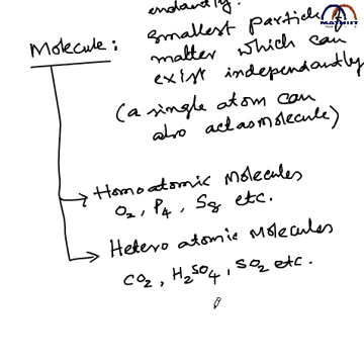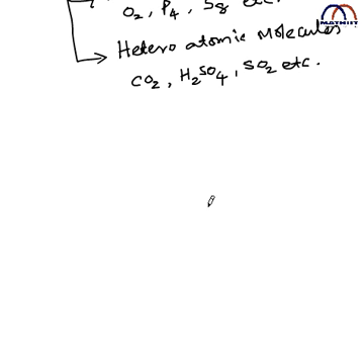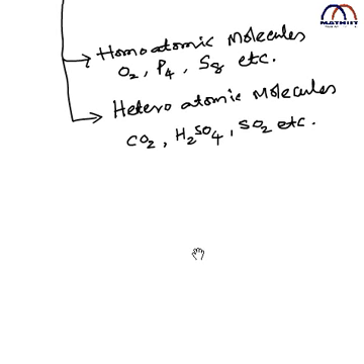Let me tell you a very important point here: everywhere I said molecules are present in nature generally because they have independent existence. Where are these homoatomic molecules present? Always homoatomic molecules will be present in the elements. Remember, elements contain homoatomic molecules.